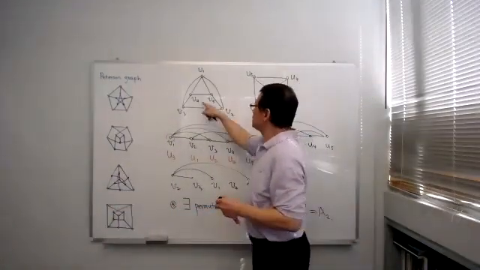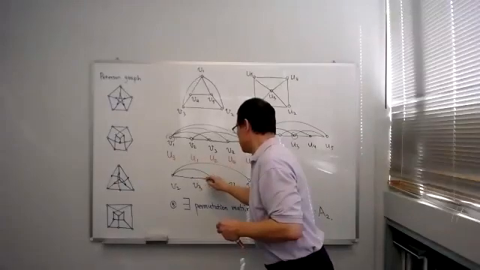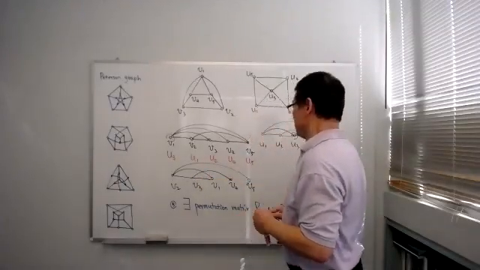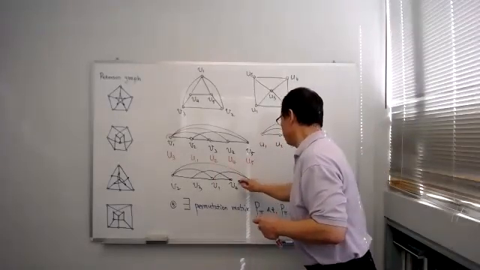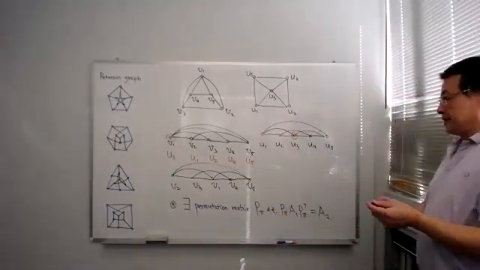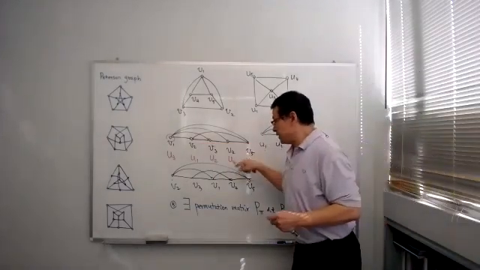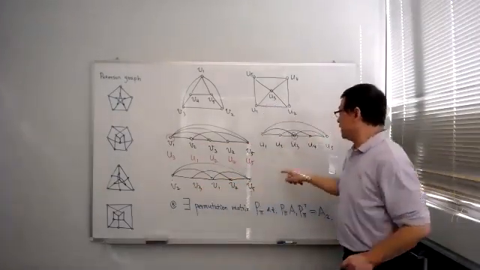So 3 is adjacent to 2, 4, 1. 1 is adjacent to all of them, and 4, 5. So once I reorder these vertices in this particular ordering, I get this graph.